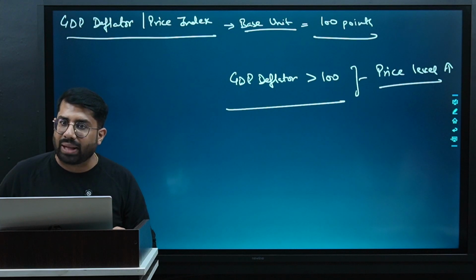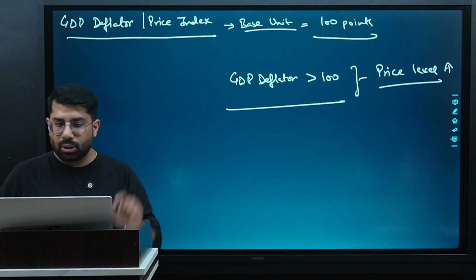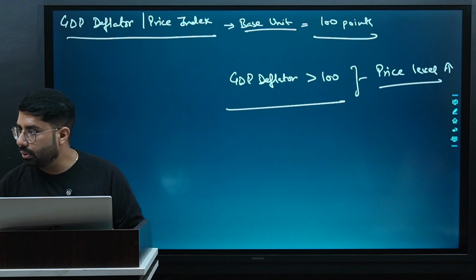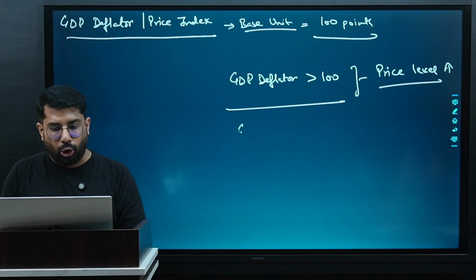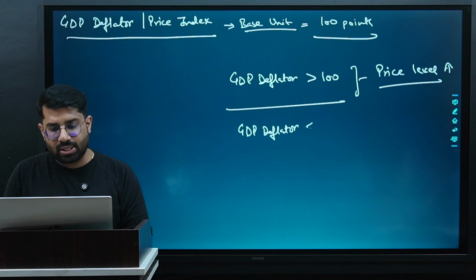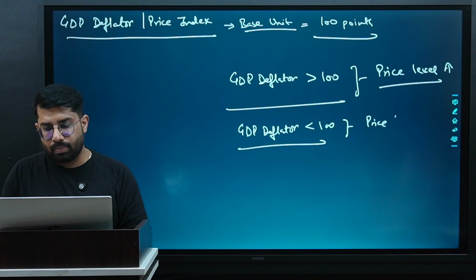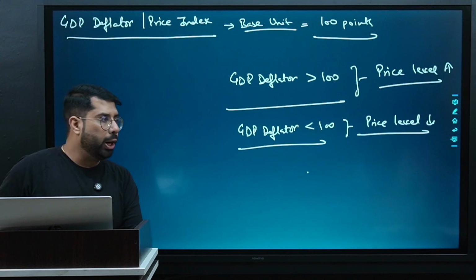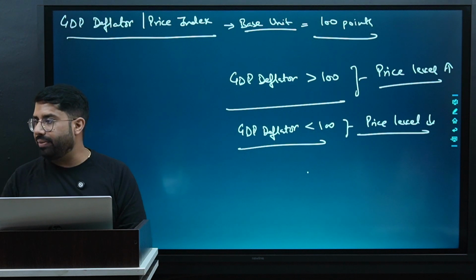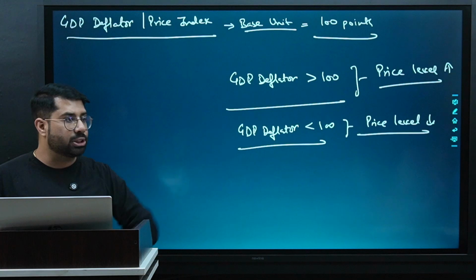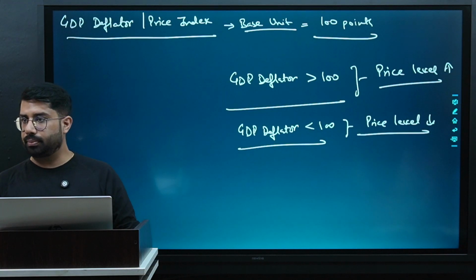Sir, how can you say that price levels are increasing? Because the GDP deflator's value is more than 100. Are we clear? If the value of GDP deflator is less than 100, it means price level has decreased. So it means if at all, let us say value of GDP deflator is 90, it means the price levels have decreased by 10%.